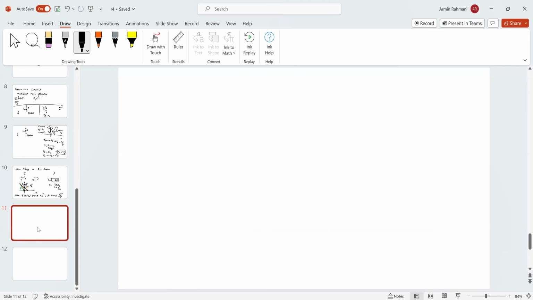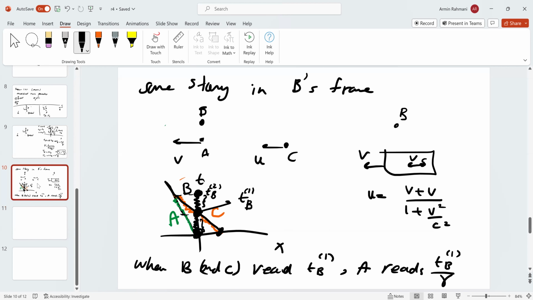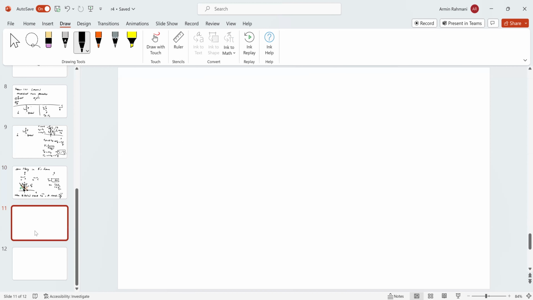So here B and C met. My C is in orange, so C is moving that way. And my A was in green.